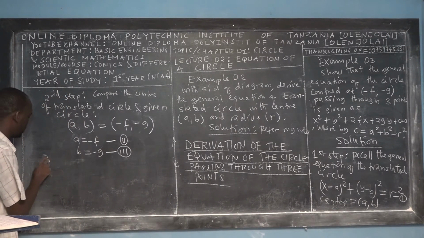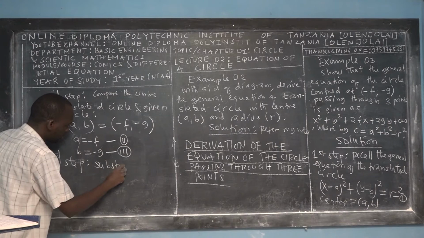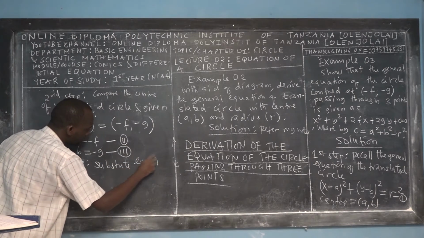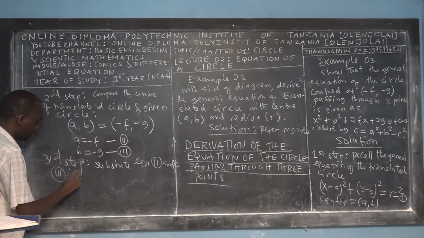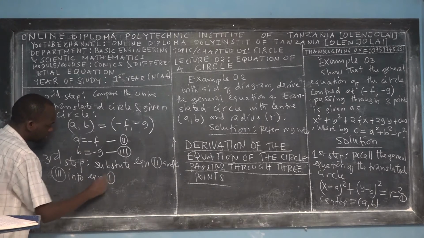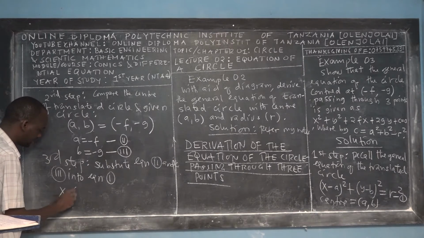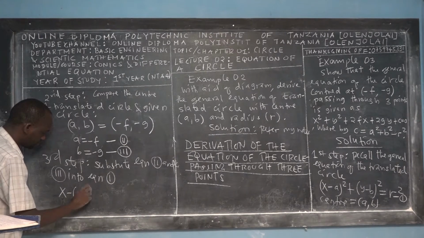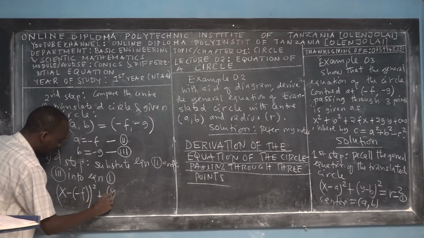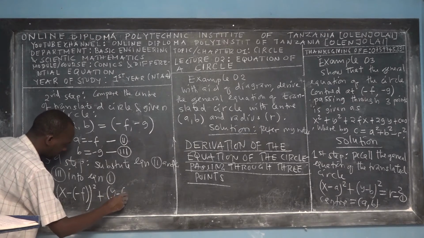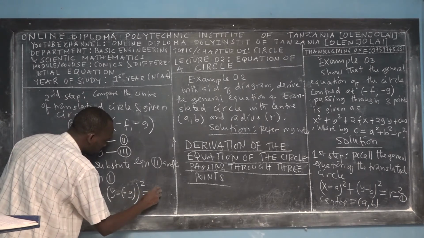We go to the third step: substitute equation 2 and equation 3 into equation 1. If you substitute, we get x minus negative f, in brackets, squared, plus y minus negative g, squared, is equal to what? Is equal to the square of the radius.